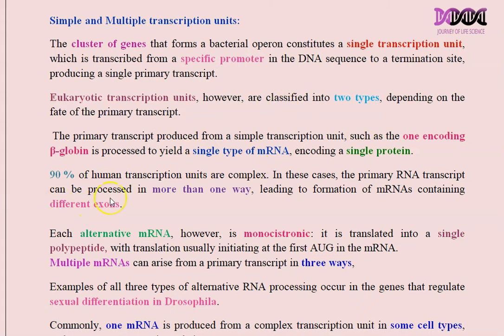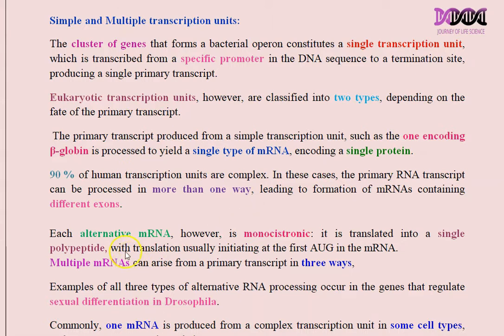But 90% of human transcription units are complex units. The primary RNA transcript can be processed in more than one way, because there are different types of exons in eukaryotic complex transcription units. Using alternative splicing, the machinery joins different exons and produces different proteins from the same primary transcript.